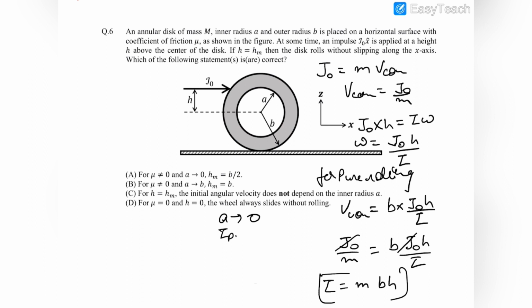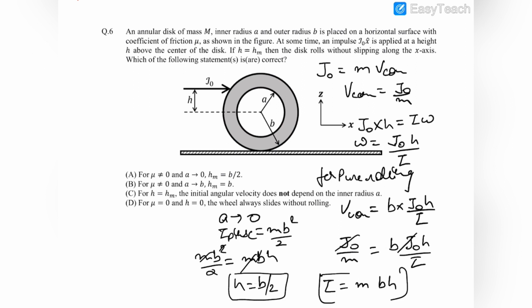So I disk would be m b square by 2. So m b square by 2 will be equal to m b h, and h would be equal to b by 2. So the correct option will be A.